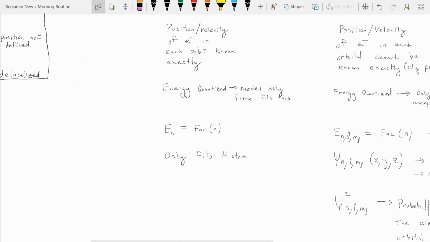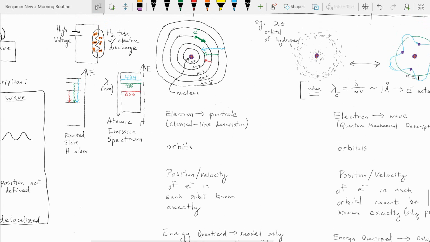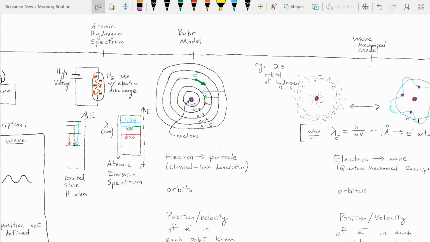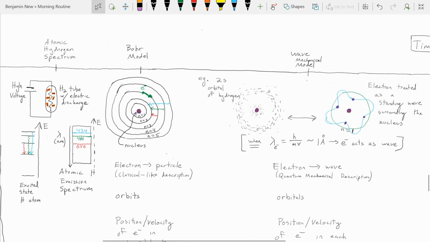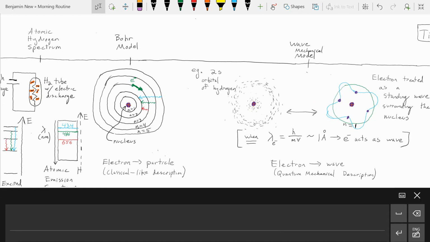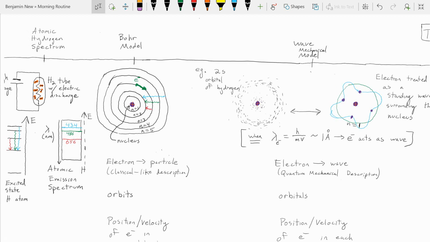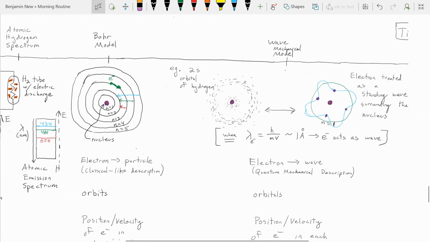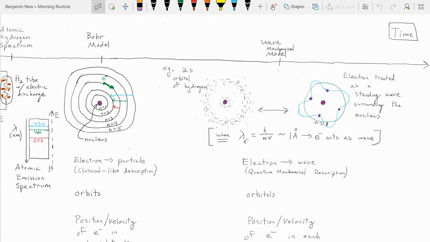If you added a second electron to this model, it did not work. So researchers went back to the drawing board. They said, well, we have an idea of how these things are quantized, but there's something wrong with the treatment that Bohr assumed, that's not really capturing the reality here.